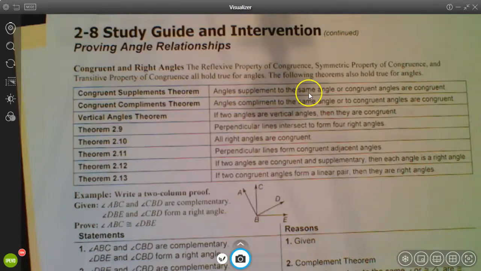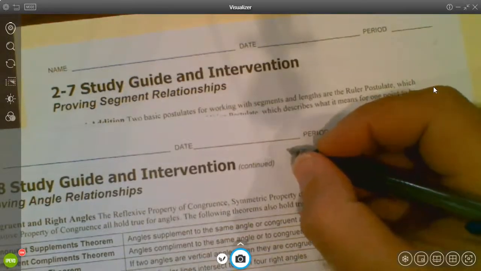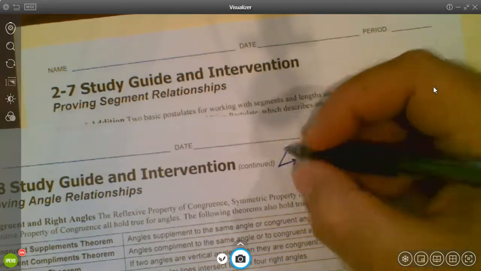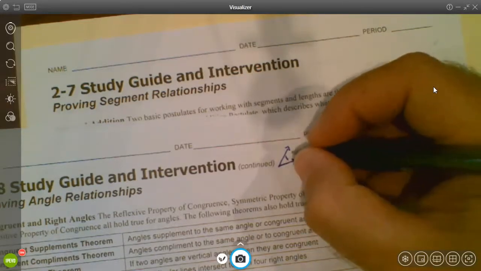Angles that are supplementary to the same angle, or congruent angles, are congruent to each other. So here's what that means. This is easier if I give you a picture for this. Let's just say that angle, we'll call it angle 1, which is, I'm going to say, 60 degrees.